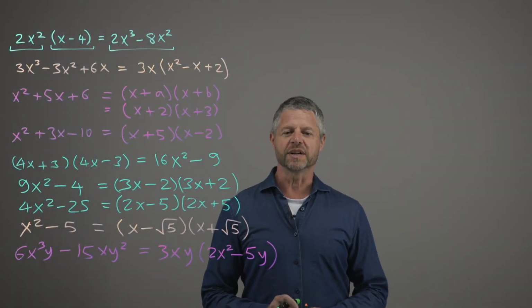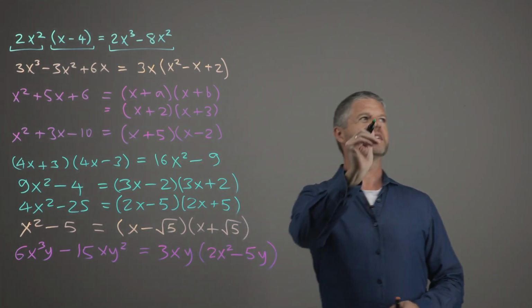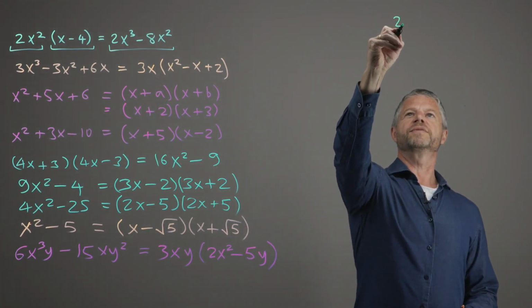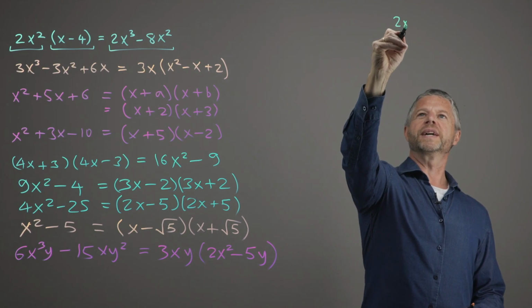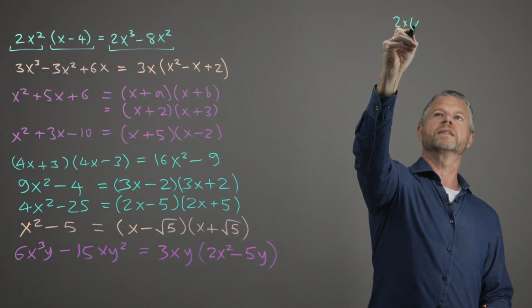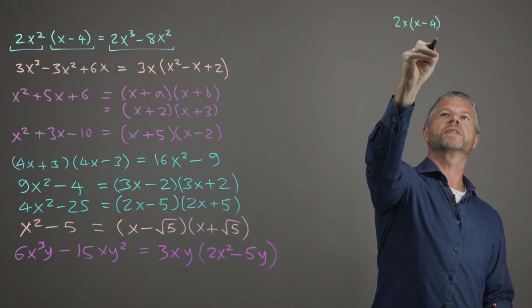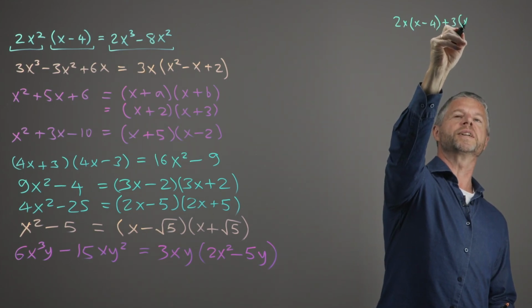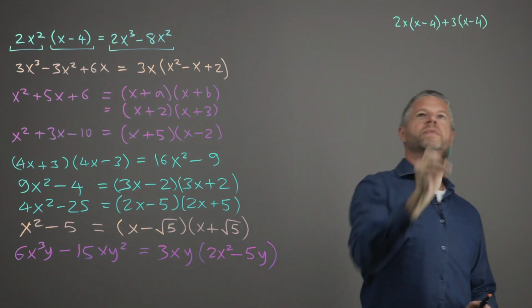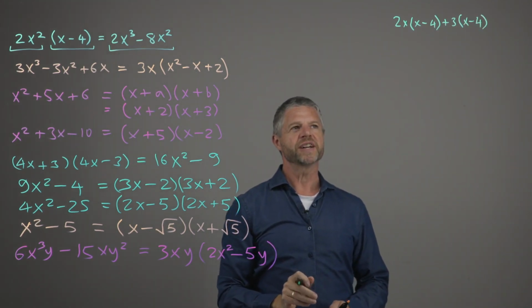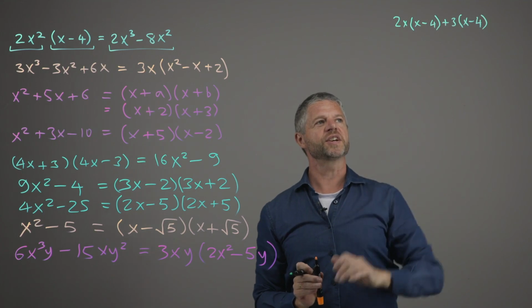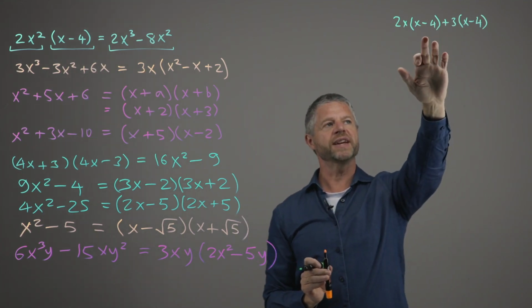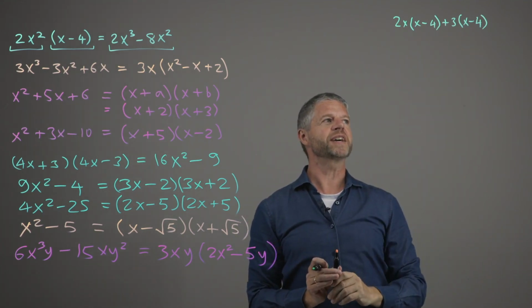So let's work through a few more examples. Let's have 2x times x minus 4, and 3 times x minus 4. Now remember, we're trying to find common factors for each of these terms, and we can see right away that x minus 4 is a common factor.